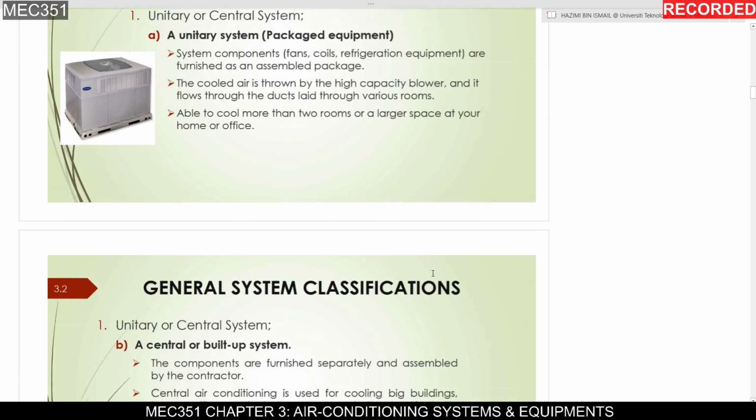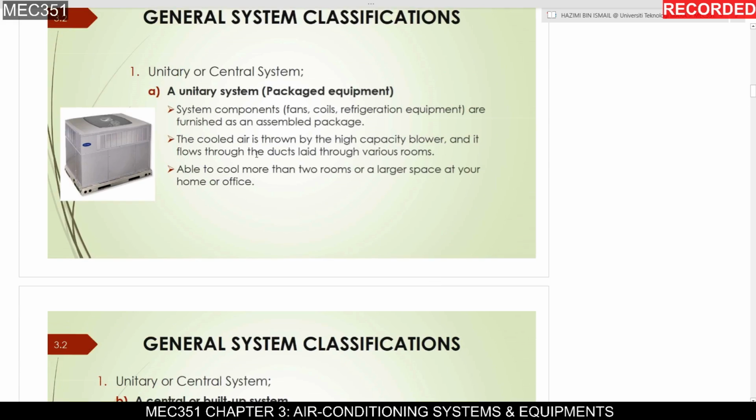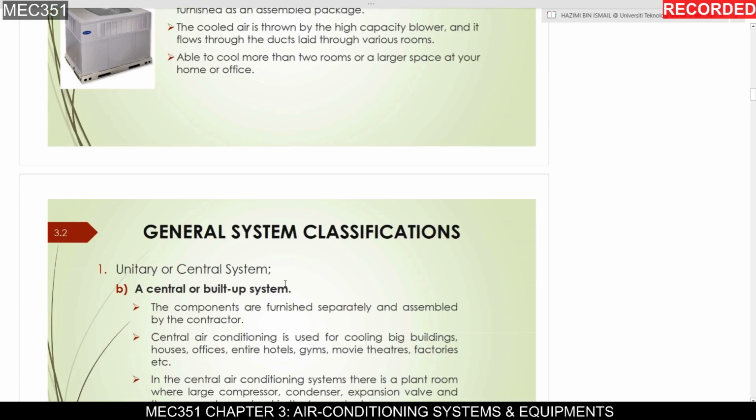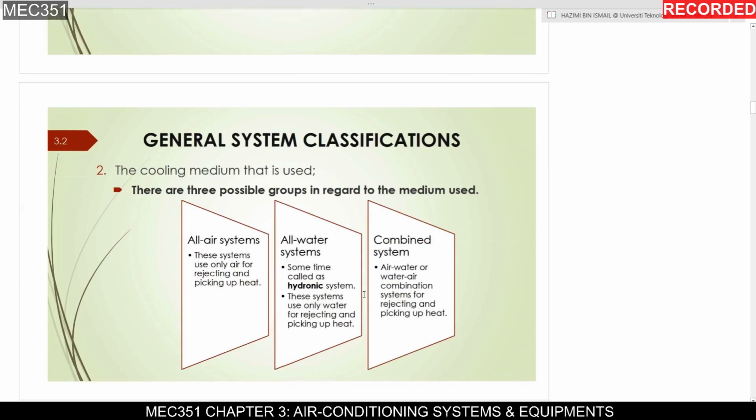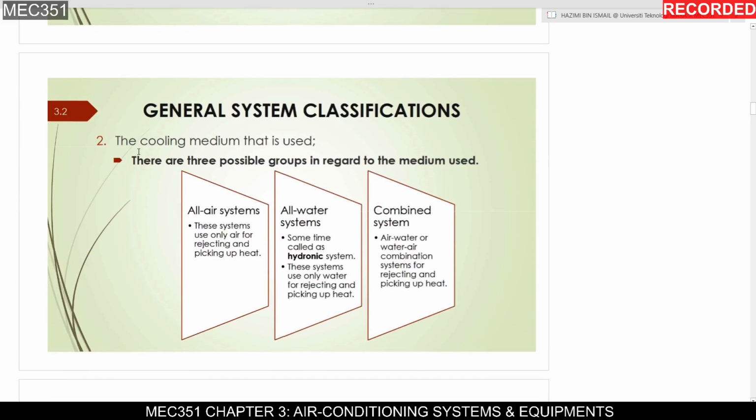So basically for the unitary or central system, the first one is the package, and the other one is the chiller, the separate system. For the cooling medium that is used, there are 3 possible groups. Some systems are categorized based on the medium of cooling.